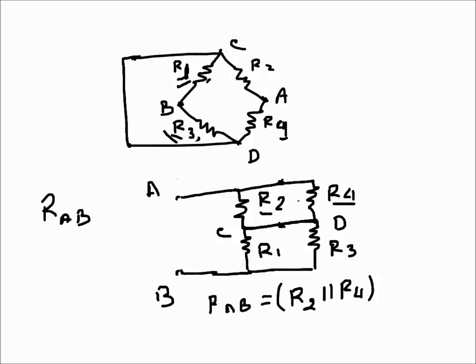Then this comes in series with R1 parallel R3. So when we have something that doesn't look very straightforward for finding the equivalent resistance, it's better to redraw it point-wise. If the points are not labeled, we can label them so that it becomes easier to redraw. That's how it becomes simpler, in my view.